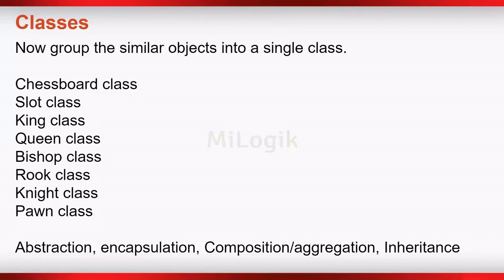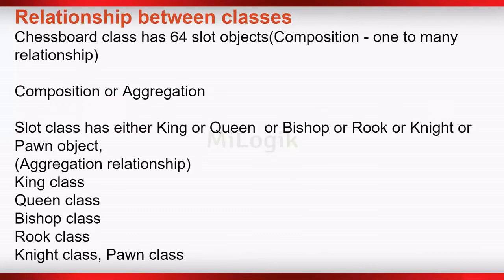Next, we need to improvise this solution. So how can we improvise it? See, what is the relationship between the chessboard and the slot objects? That is the classes. Chessboard has a relationship with 64 objects of the slot class.